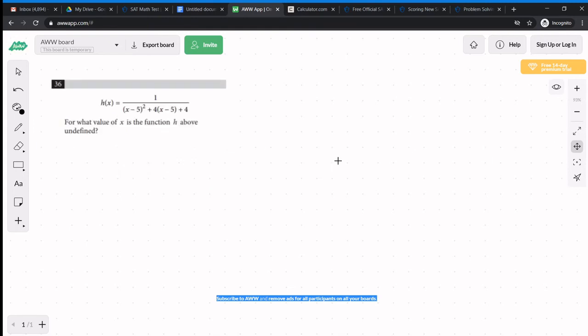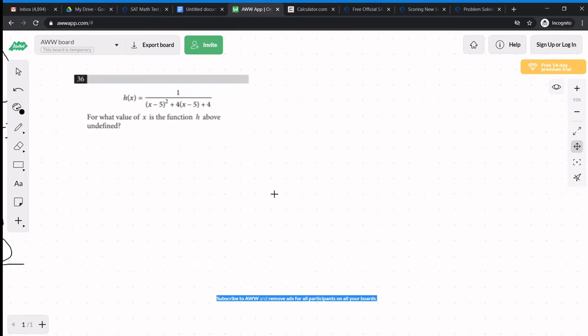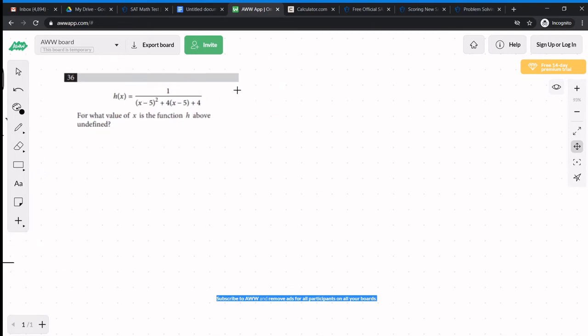Alright, and for this problem, it's asking for, let's make sure, yeah, okay, I did that right. For what value of x is the function h above undefined? So let's just think about this for a second. How can we get this function to be undefined? If you know what undefined looks like, there's a couple of different ways to do it, but when you see a fraction, the first thing you should be thinking of is when the denominator is 0.